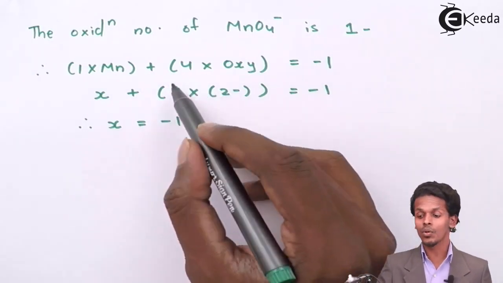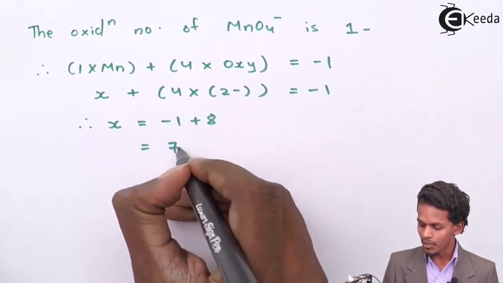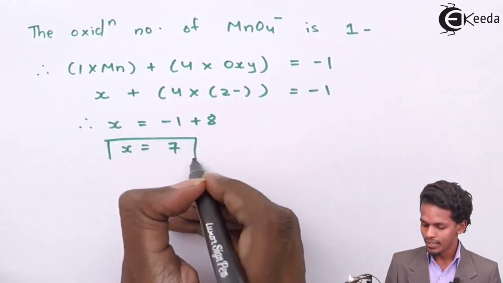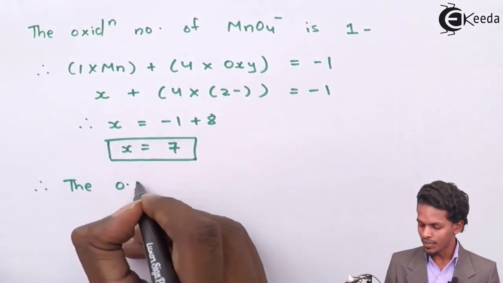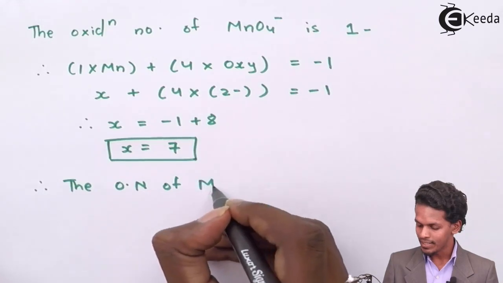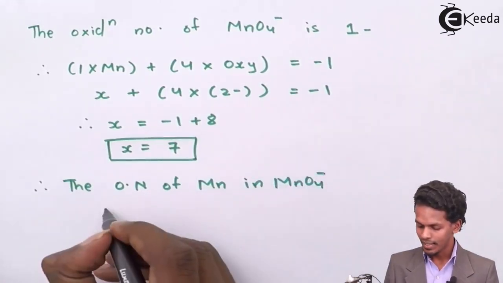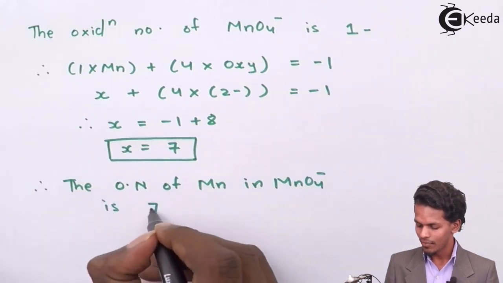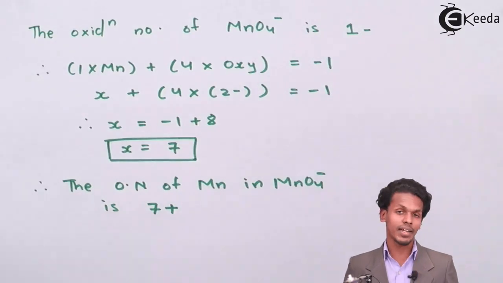This -8 will go over there and it will become +8. So therefore, the oxidation number of manganese in MnO4 minus is 7 plus. So this is for the first reactant.